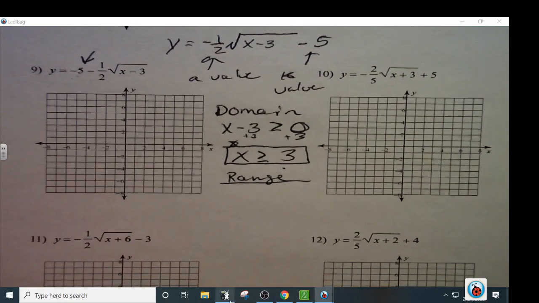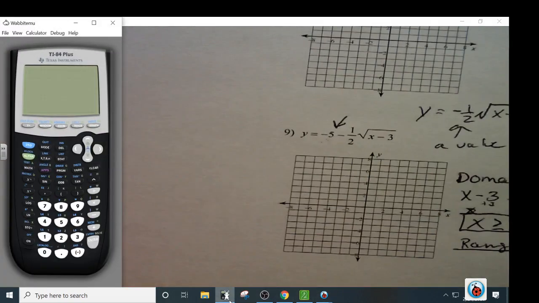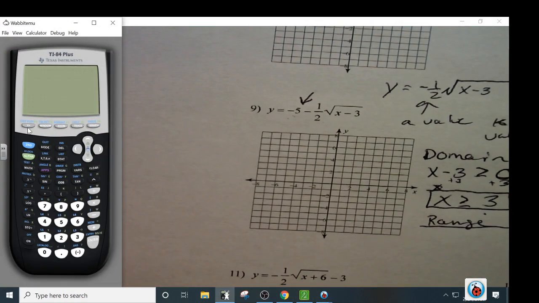Let's go back to our calculator just a minute. Let's go ahead and plug this into my calculator. You can plug it in just like you see it. The calculator knows which is which. All right, now that's -5 minus 1/2.